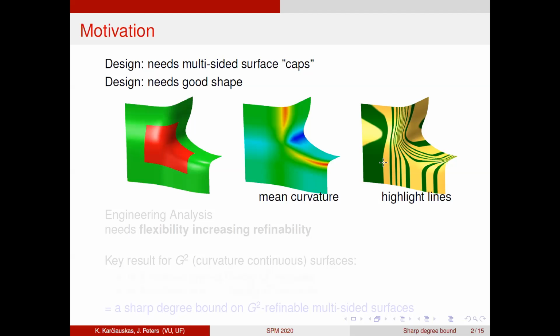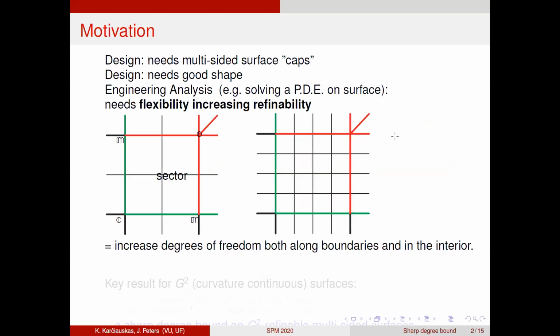We also want to have good shape, and shape we can measure by not having oscillations in the curvature or by having smooth highlight lines, which are lights reflected on the surface from a fixed position. However, when we go to engineering, we want more.